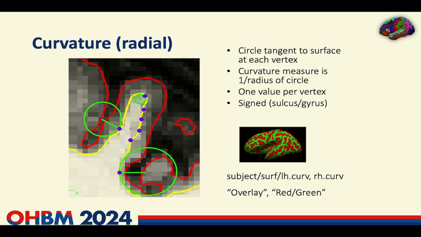It's going to be a signed metric, in order to differentiate between the sulci and gyri. And these feature maps can be found in the lh or rh curv files in your surface directories. Again, we call this an overlay, so you can map it on your various surfaces, the inflated surface, the white matter surface. This red-green is the default color map that we use in FreeSurfer, but you have a choice to change that if you wish.